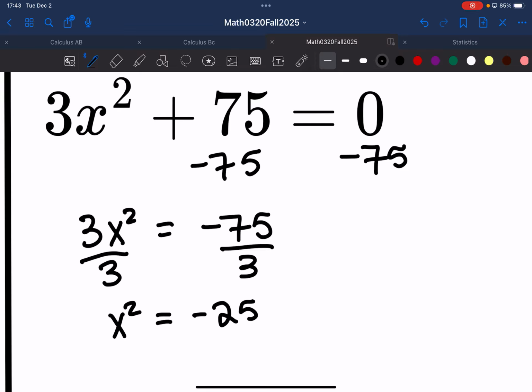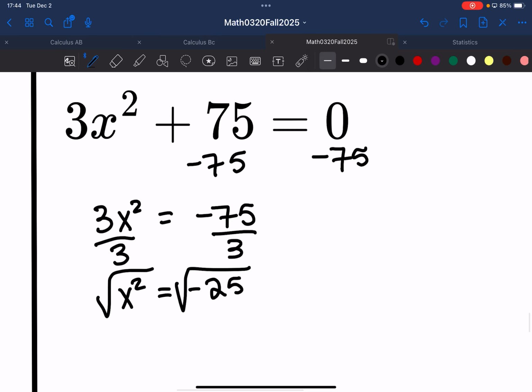And then we would take the square root of both sides to cancel out that square. But when we take the square root of the other side, we're doing the square root of a negative number. So remember before we would say, well, we can't do that, that's no solution. But this time we can convert it to imaginary, which means x is going to equal plus or minus what? 5i.